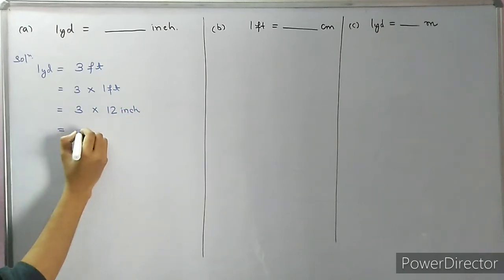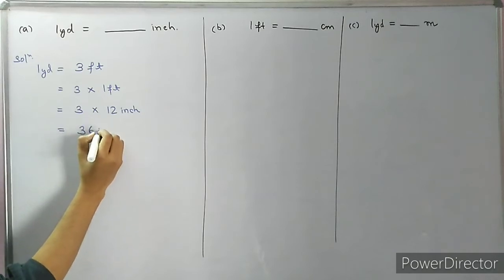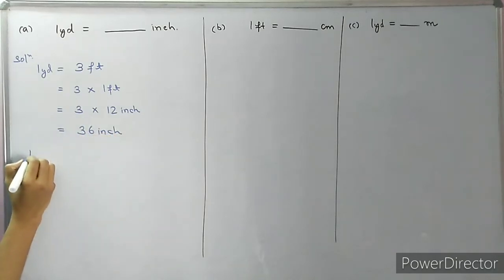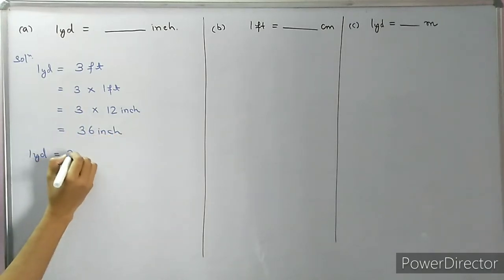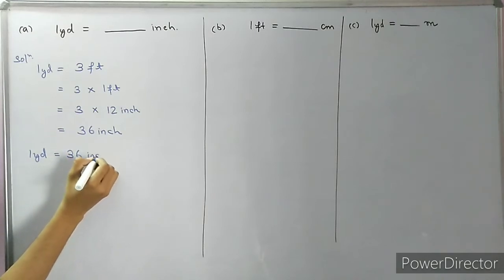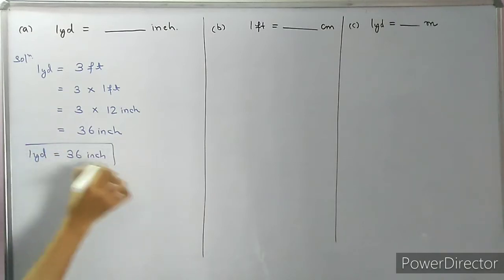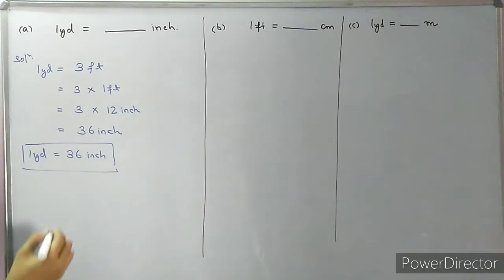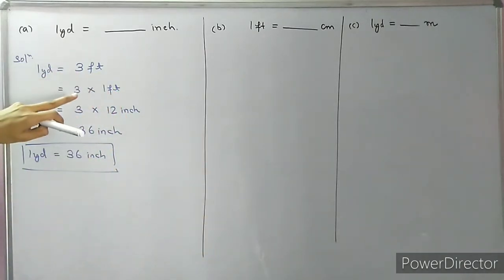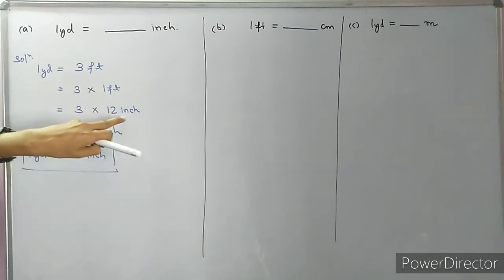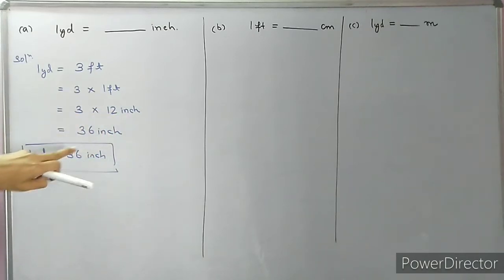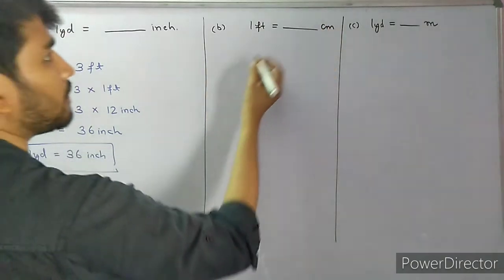So can we say 1 yard is equal to 36 inch? Is it clear? 1 yard is equal to 3 foot. We just pointed out yard is bigger. Then 1 foot is equal to 12 inch. 12 into 3, 36 inch. Clear?